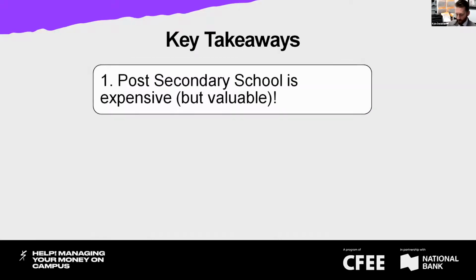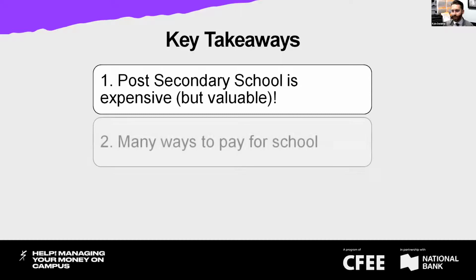So the key takeaways that I want us to have from this is that post-secondary school is expensive but valuable. I need you to think of post-secondary school and borrowing for it not as just a debt, but as an investment in yourself. It's an investment in yourself that you are always going to receive a return on. It's very important to view the spending that you're doing on school as an investment.